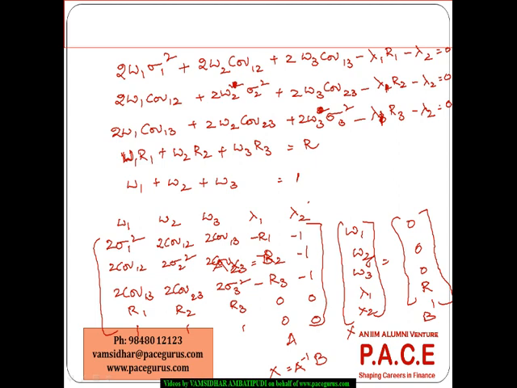Once I am getting my matrices, another way to look at it is the first part. It is purely coming out as twice the covariance. This part is nothing but twice the variance-covariance matrix.